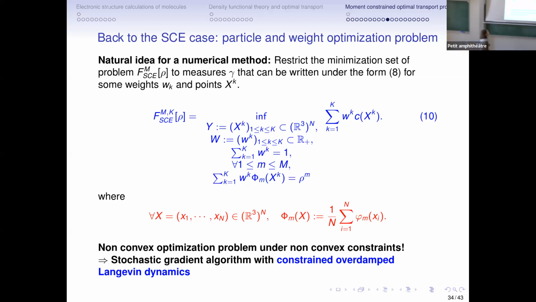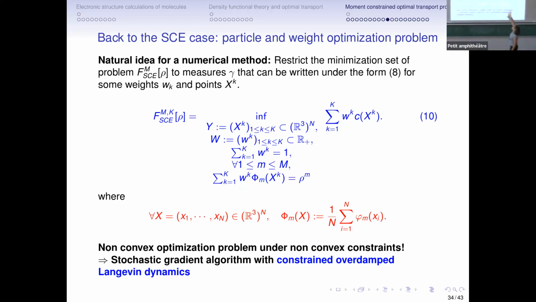Okay. And this yields an optimization problem where you have to optimize the location of the Diracs, which are these x_k vectors, and the weights of the Diracs in the discrete measure I've introduced to you before, w_k. And so this reads under the following form, okay, where you have to optimize over a set of particles and weights, under some constraints, which are the equivalent way of expressing the moment constraints I've just introduced to you before.